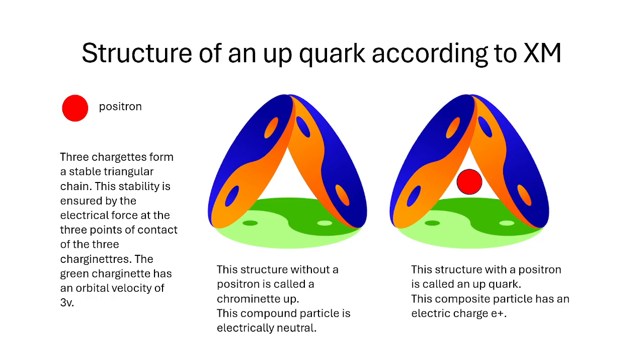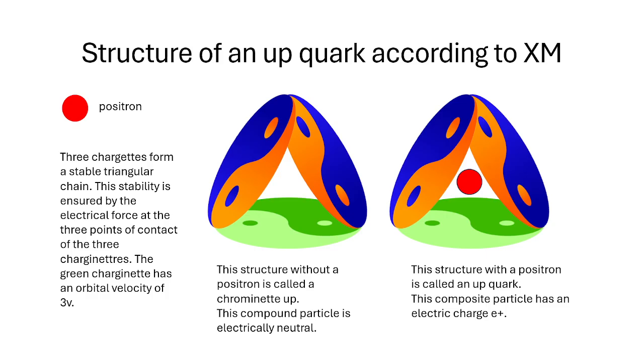Structure of an up quark according to XM. Three charge nets form a stable triangular chain. This stability is ensured by the electrical force at the 3 points of contact of the three charge nets.